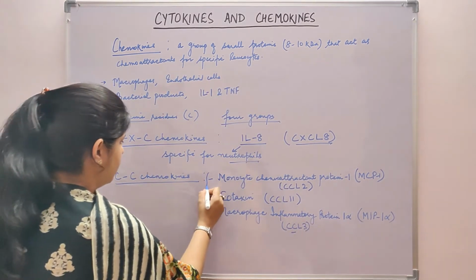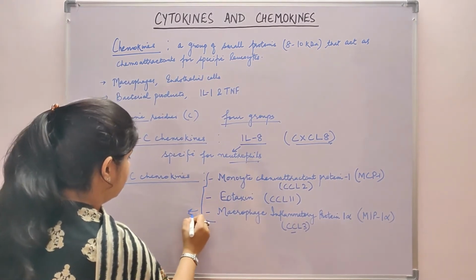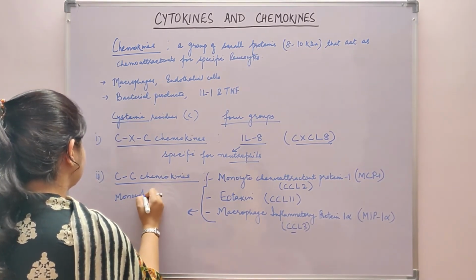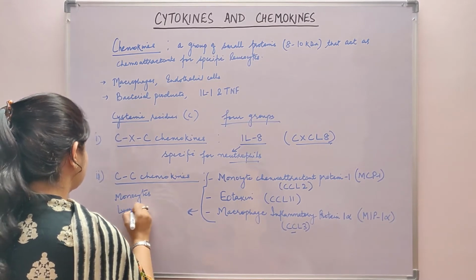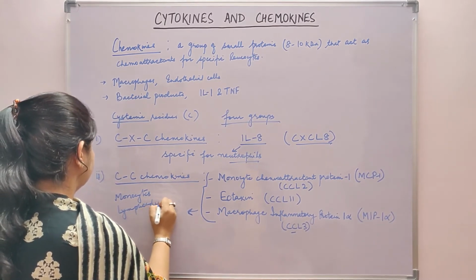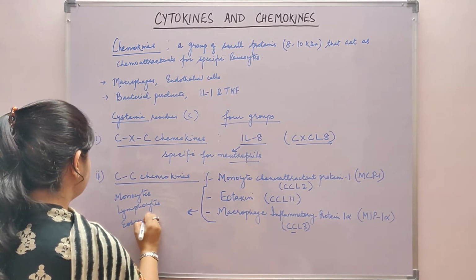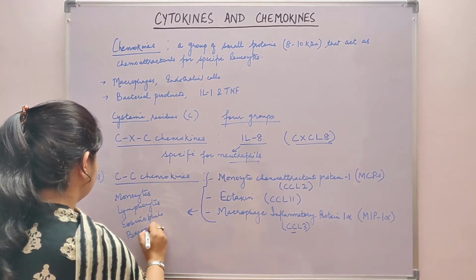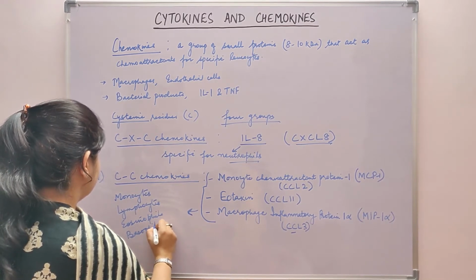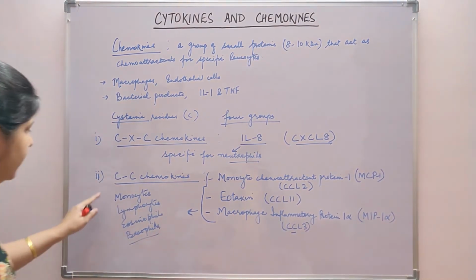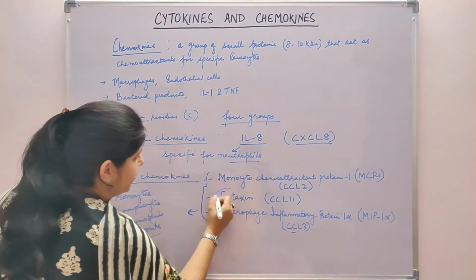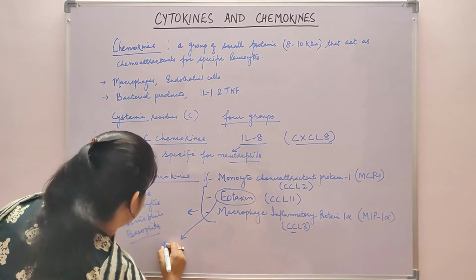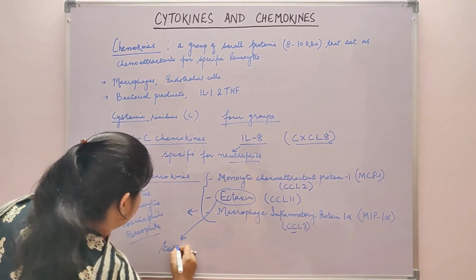Now these are all specific for monocytes, lymphocytes, eosinophils and basophils. These all act as chemoattractant for these cells, but eotaxin specifically acts as chemoattractant for eosinophils.